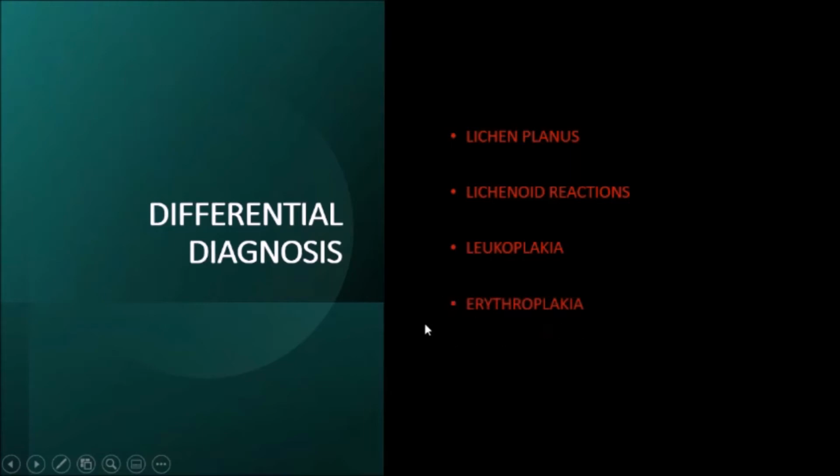Erythroplakia is a very good differential diagnosis. And last but not the least, a malignant ulcer can be a differential for your lupus oral lesions, because there's always a possibility of malignancy.